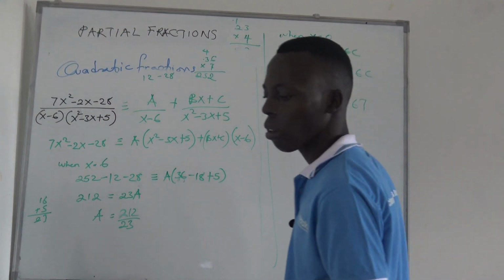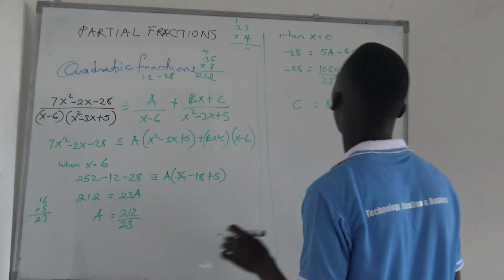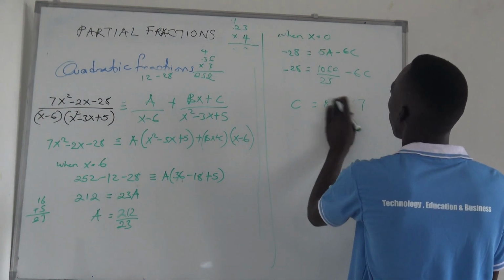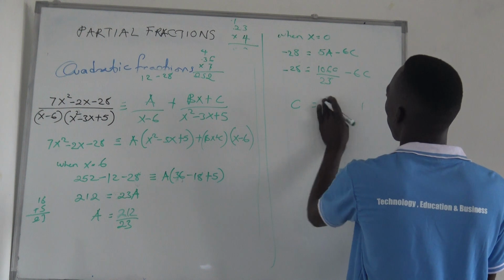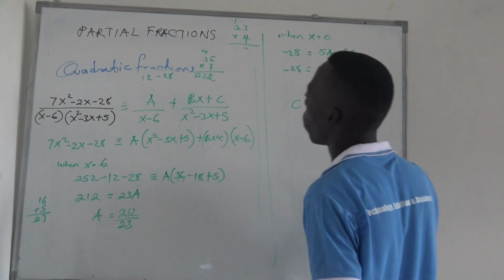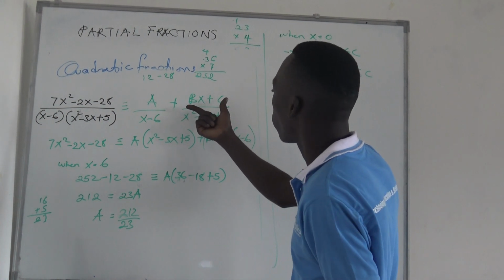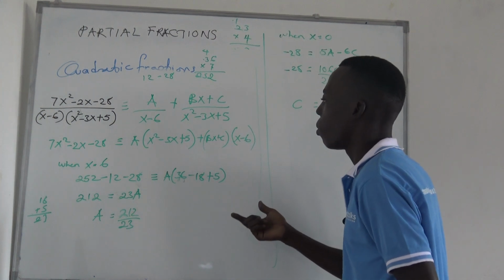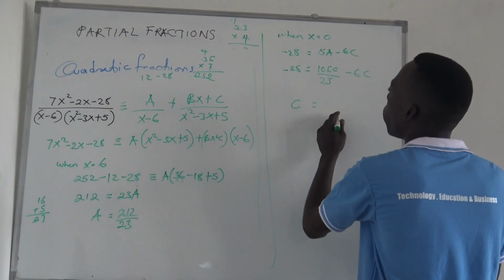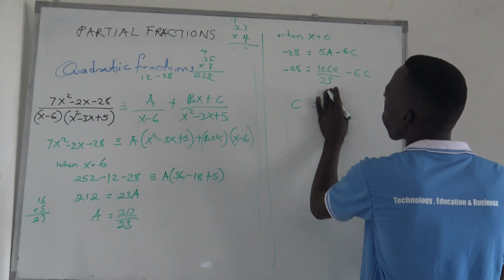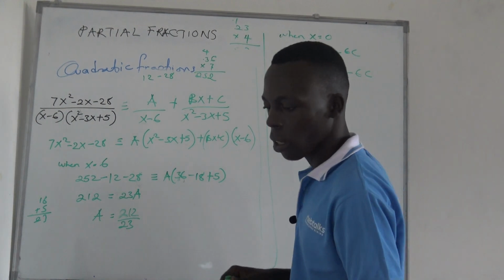Then after getting the values of A, B, and C, you have to substitute in the formula. And what we have got here, just substitute in the values of A, B, C. So you get the answers.